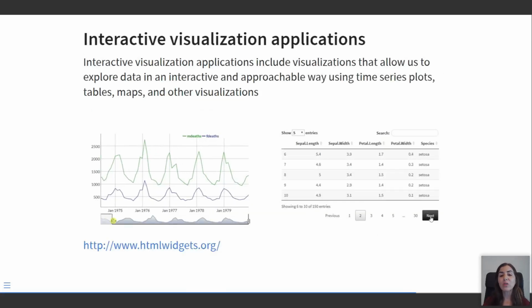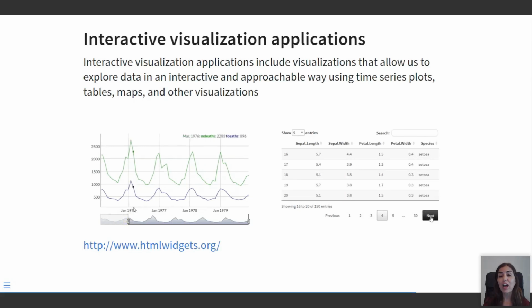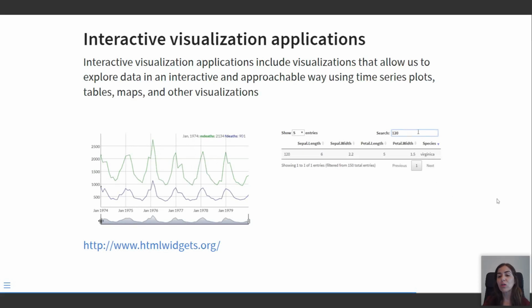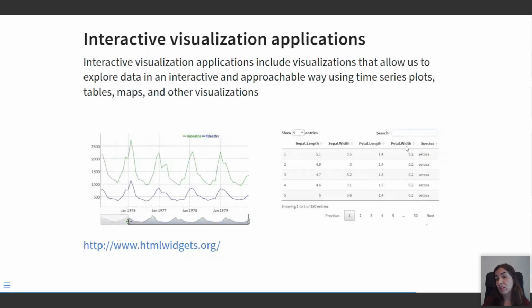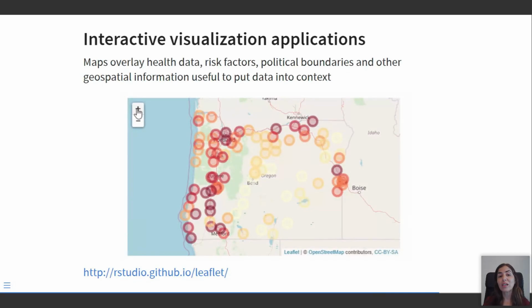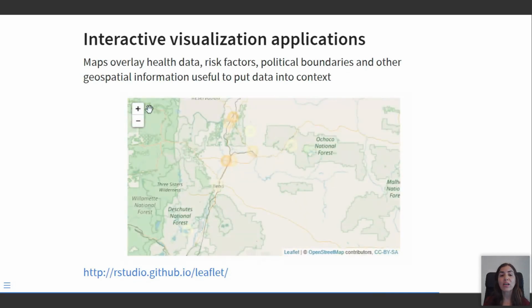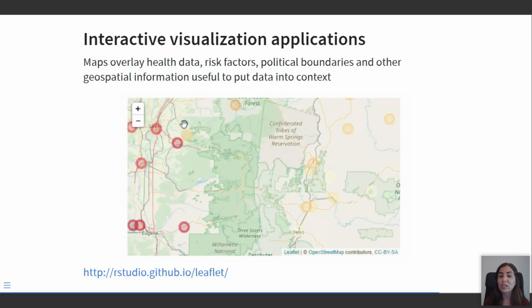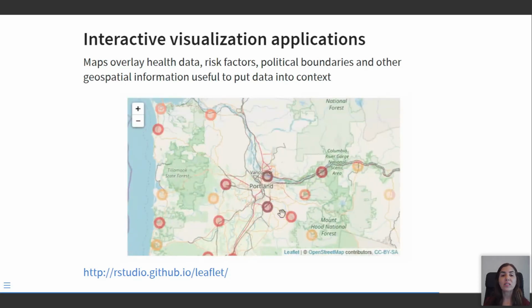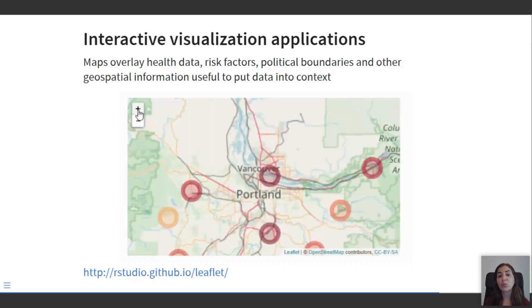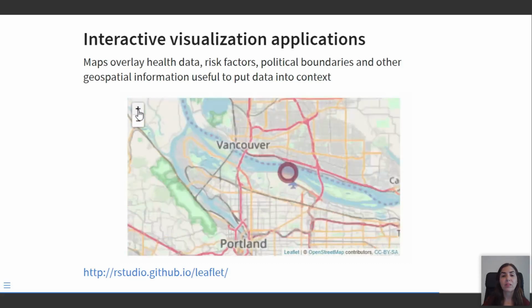So this application will include visualizations that allow us to explore data in an interactive and approachable way, for example, using time series plots or interactive tables where we can sort the columns or search a specific word. And we can also use interactive maps that allow us to overlay health data, risk factors, political boundaries, and other geospatial information that is useful to put data into context.